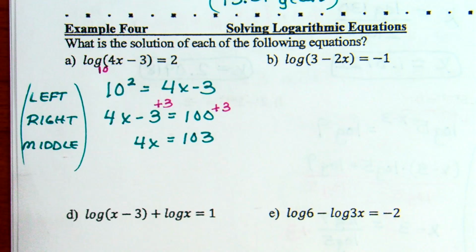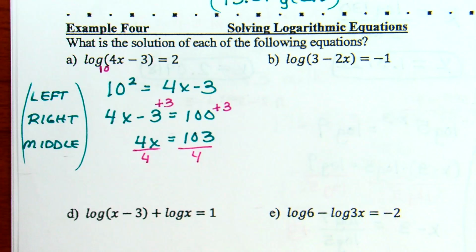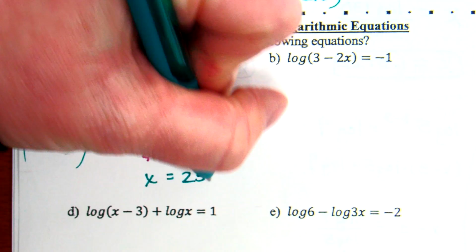If it's 4 times x, we're going to divide by 4. 103 divided by 4. Okay. Calculator says 25.75. 25 3/4. And based on what we're doing in this lesson, I'm fine with decimals.